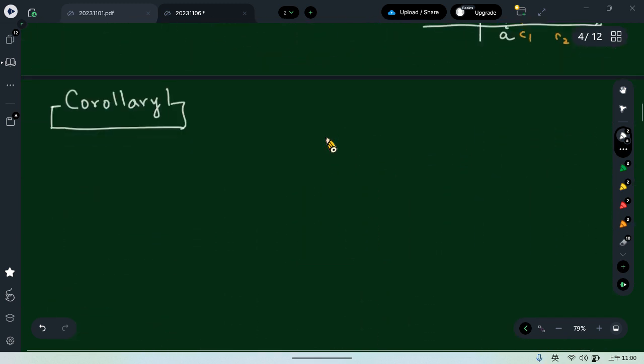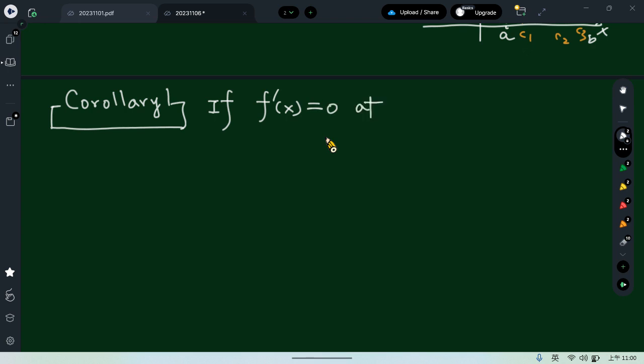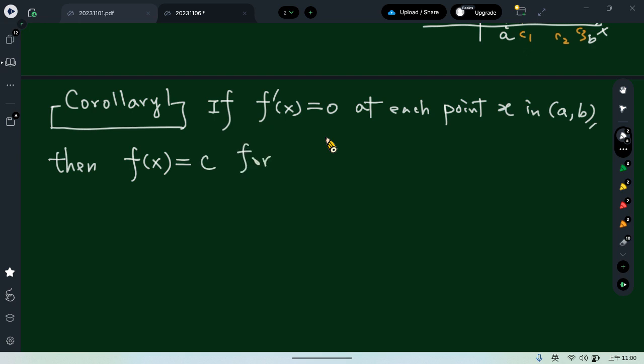Okay, so for the corollary one, if f prime x is 0 at each point x in AB, then f of x will be a constant function for all x belongs to AB.